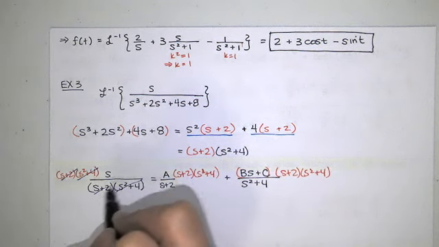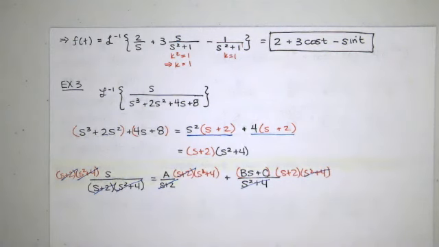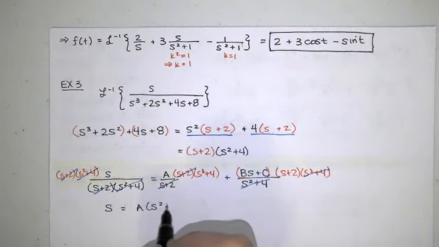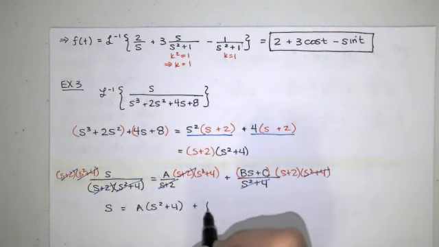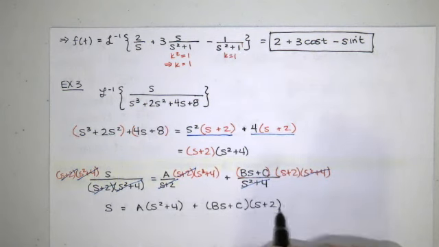Those denominators should all be gone. If they're not gone, excuse me, you have not chosen the least common denominator. So we'll have s in the numerator over here, and then A times the quantity s squared plus 4 over here. And then we'll have Bs plus C times the quantity s plus 2 over here.